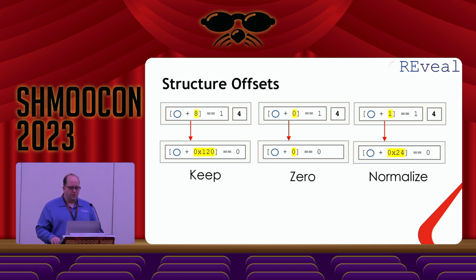We could zero them out, or we could divide by the word size on the architecture and then see if that matches. And we could throw all 3 of these at the problem at the same time and see if any of those match.